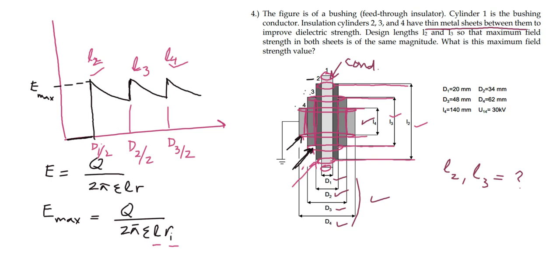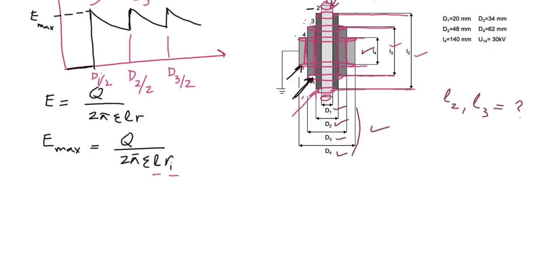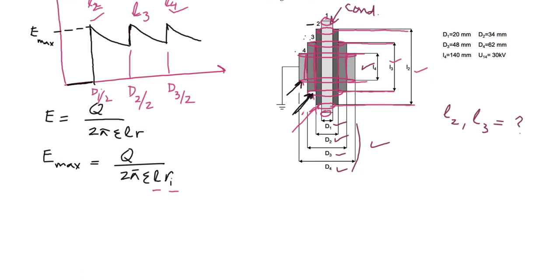Okay. So now our electric field, Emax, can be written as Q over 2 pi epsilon L2 d1 by 2 at this point.